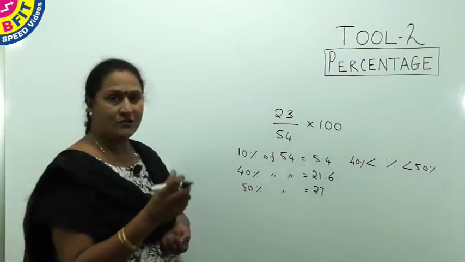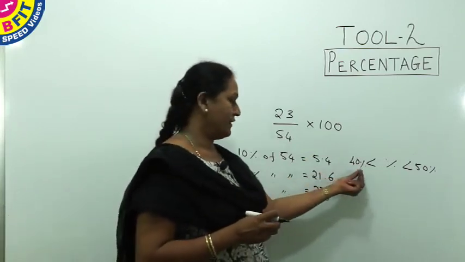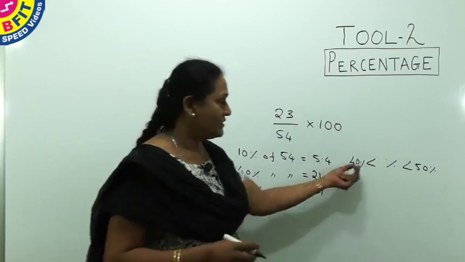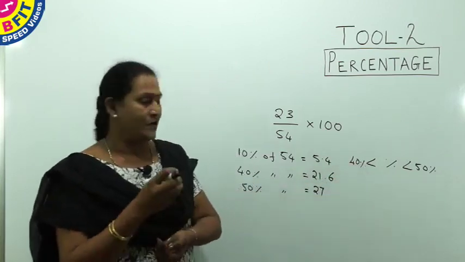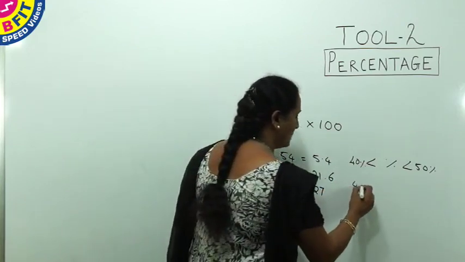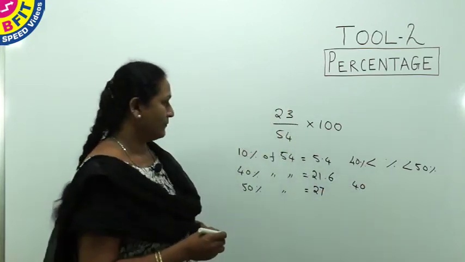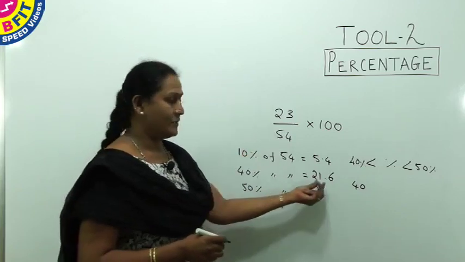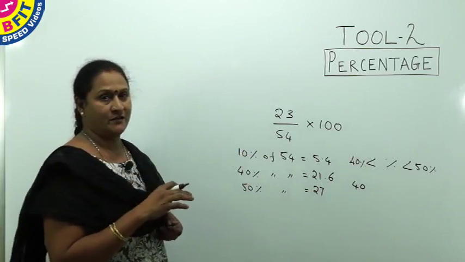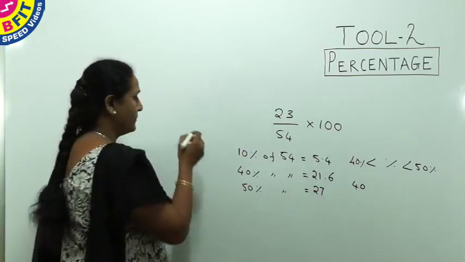So we can choose a value which is less than 50 and nearing 40%. To find the exact answer, we know that it is more than 40%. And how much more? What is 40%? It is 21.6, and we'll see the deviation to get the exact answer.